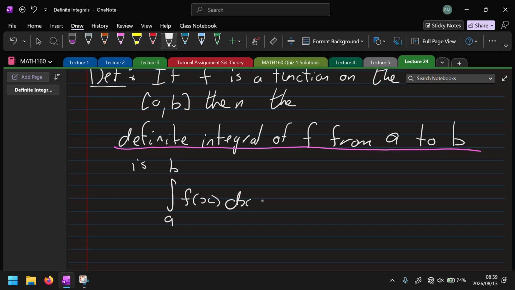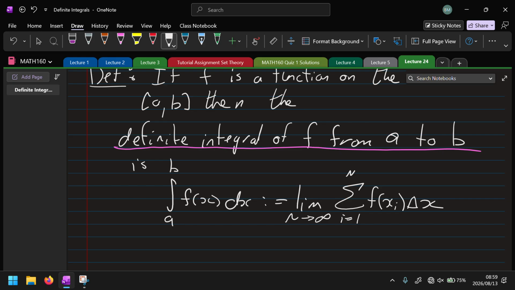Okay, so all of this together, what do we mean by this? This is just a rewriting of what we had before with the limit of a Riemann sum. So we have the limit, n goes to infinity, the sum i equals 1 to n, f of xi delta x.